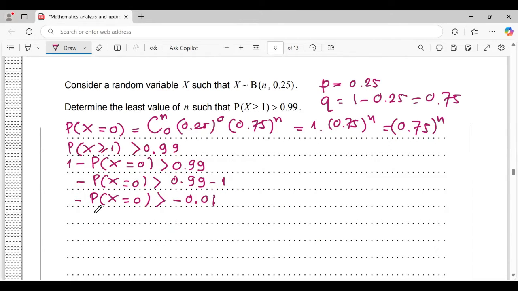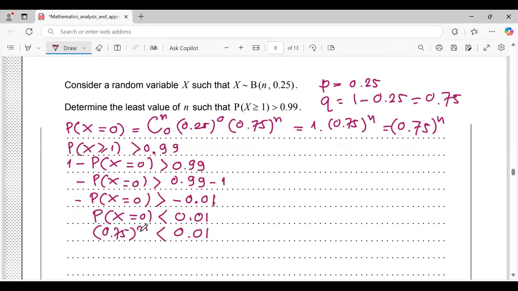Or probability x equals 0, changing the direction, less than 0.01. We substitute probability x equals 0 as 0.75 power n, so 0.75 power n less than 0.01.